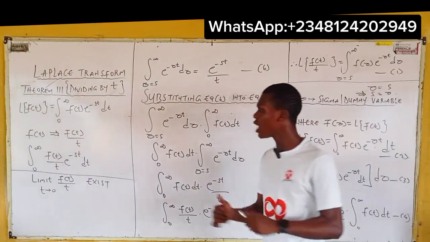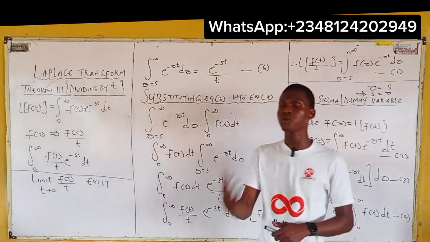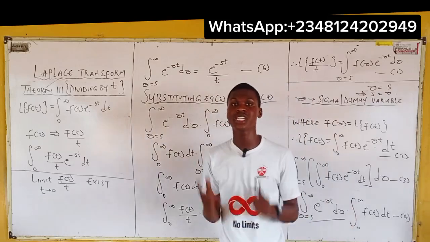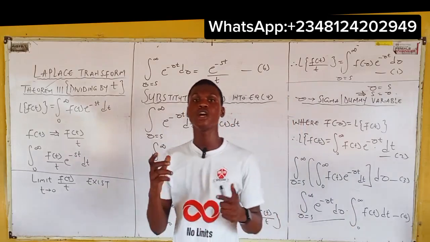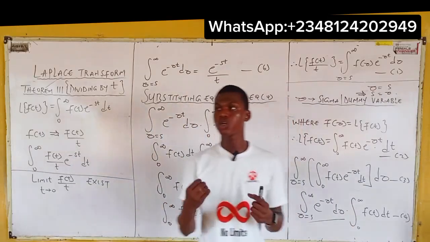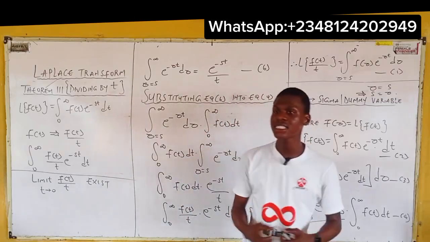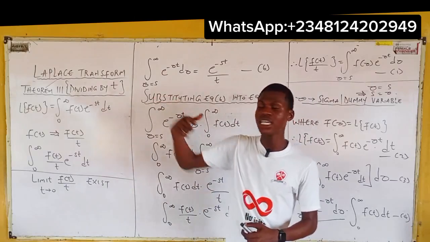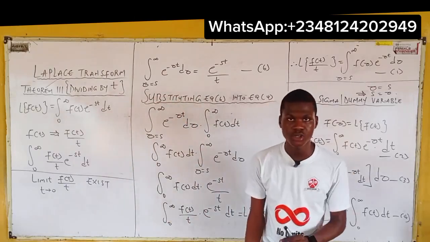So the question now is, how do you check if it exists? Let's say you are given a particular question. Your first task is to check if it exists by performing L'Hospital's rule, right? We did that in basic calculus. By L'Hospital's rule, you differentiate the numerator, then differentiate the denominator, then substitute t equals 0.